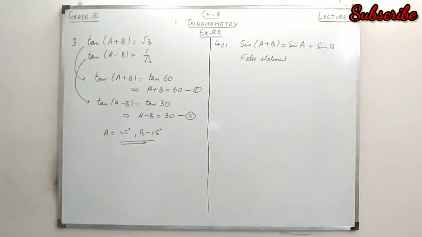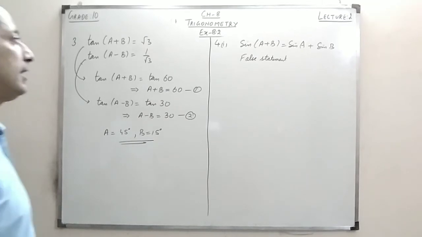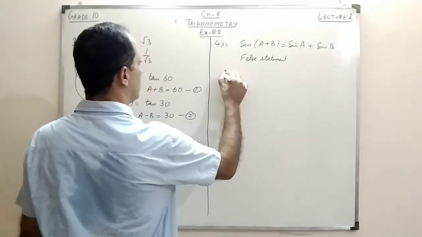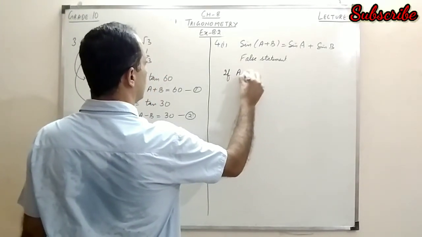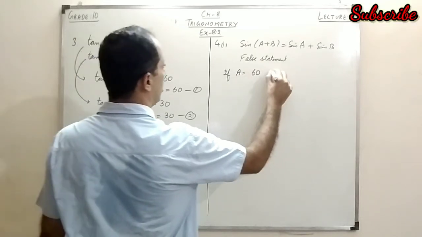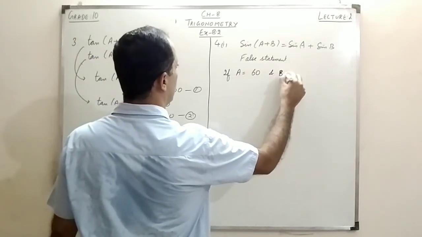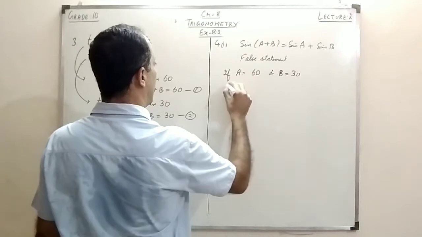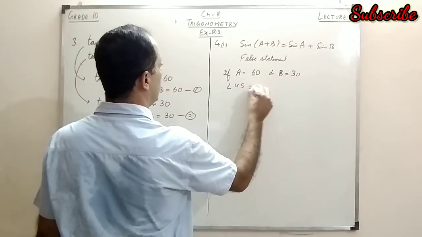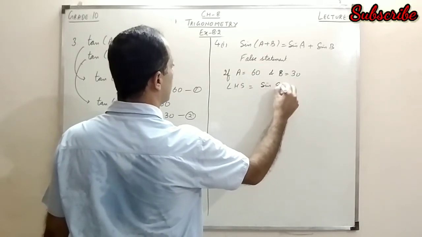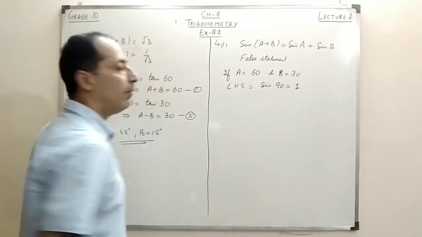Let's take an example. Suppose I take angle A equal to 60 degrees and B equal to 30 degrees. Now the LHS becomes sin 90, and the value is 1.